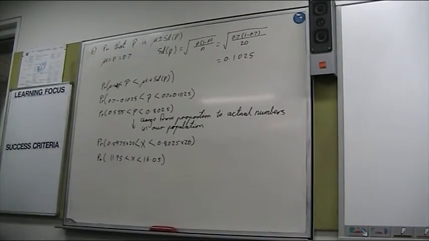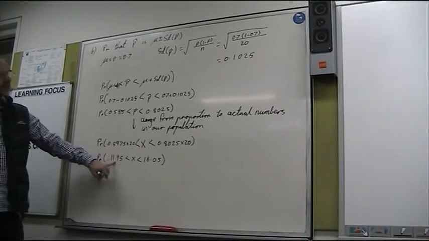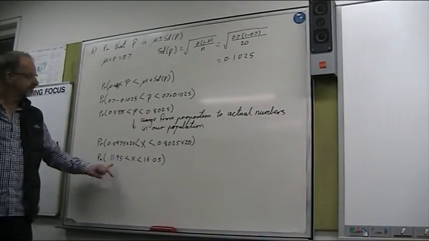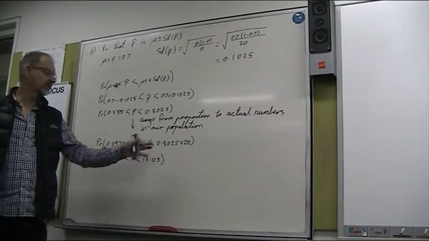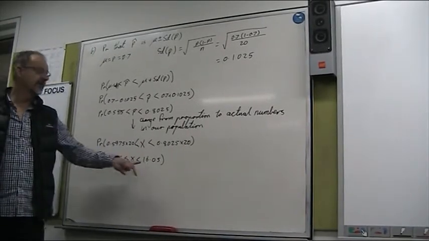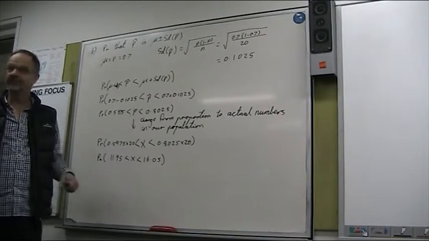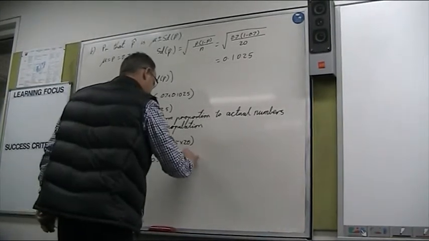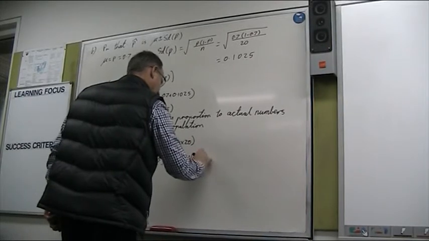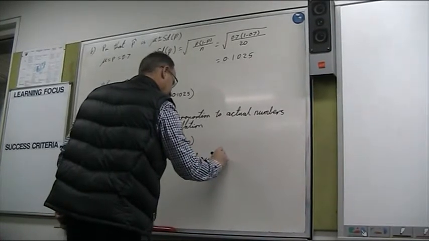Now, anyone see anything about these numbers? They're not a whole person. Yes, they're not a whole person. You can't have 0.05 of a person.